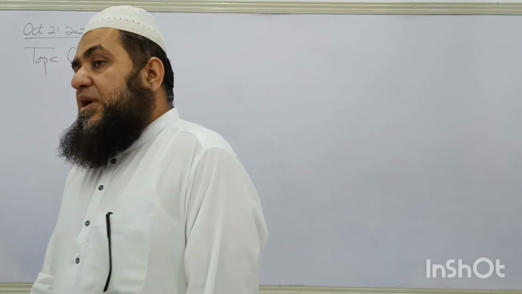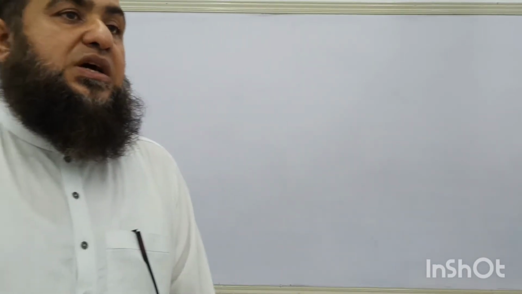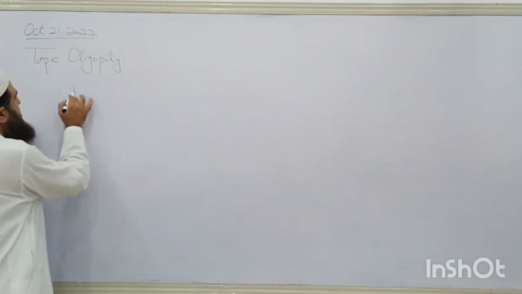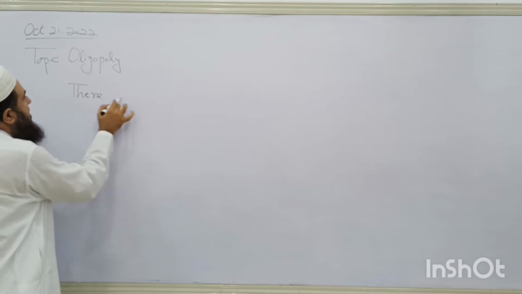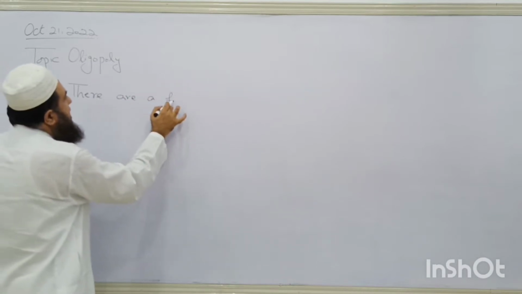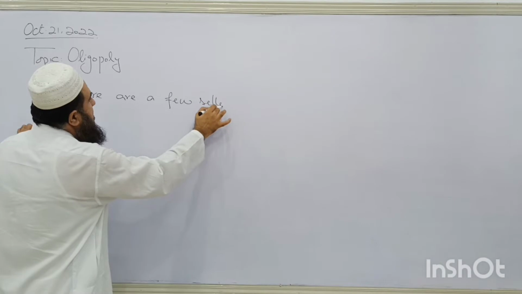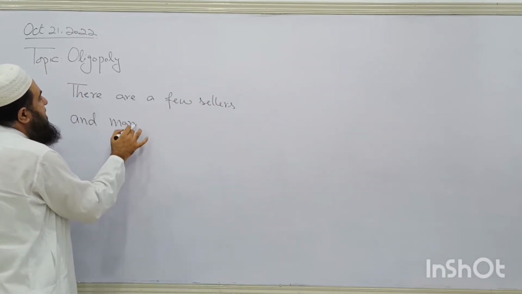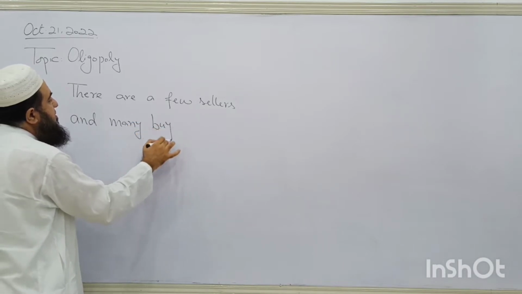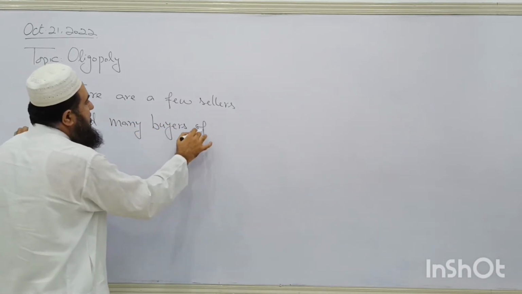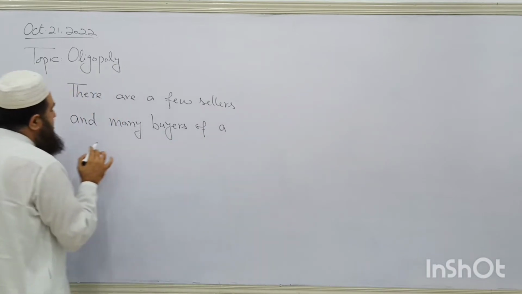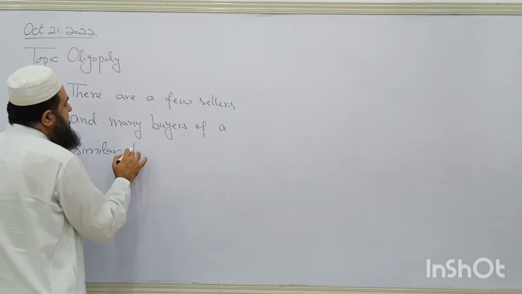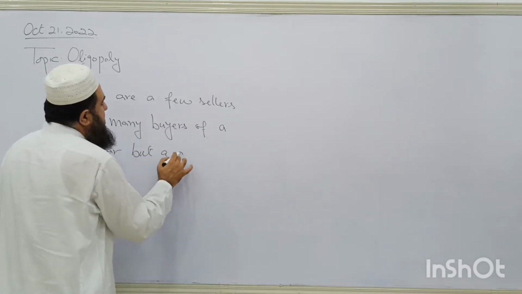Now oligopoly means there are a few sellers and many buyers of a similar but differentiated product.